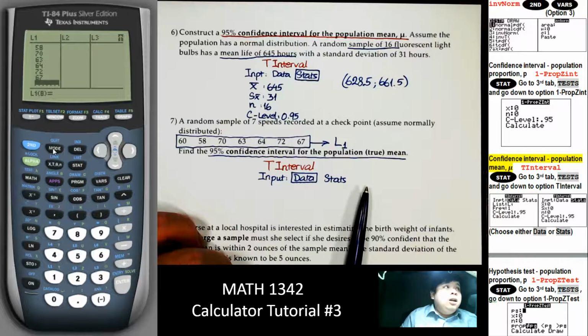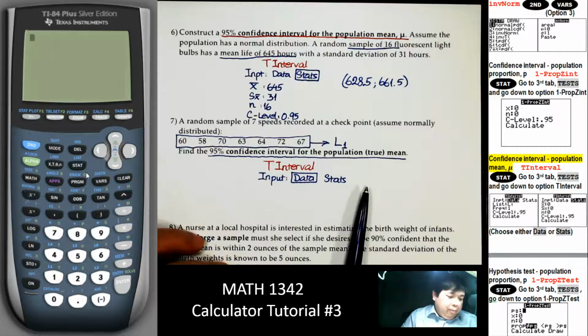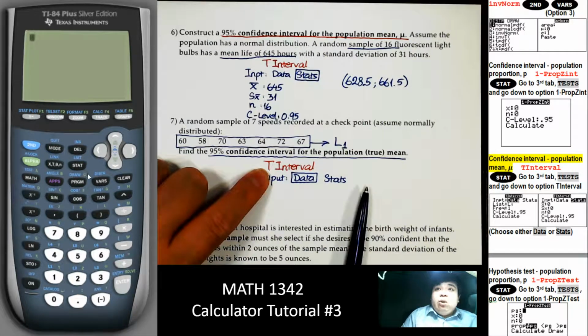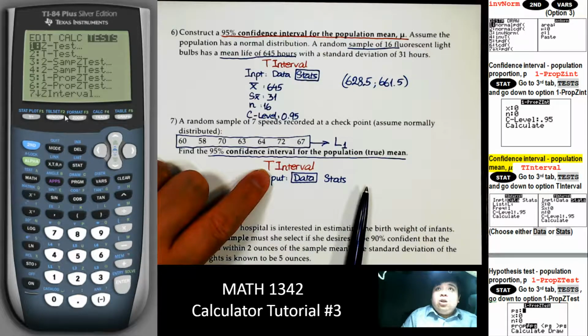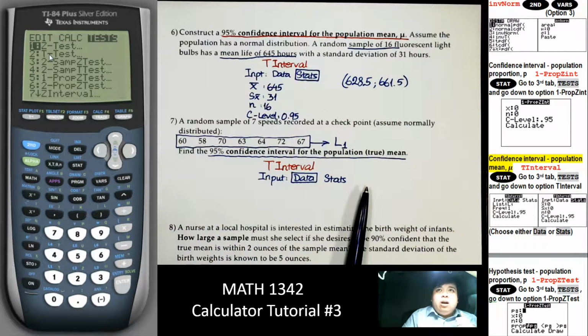So second mode to go back to the home screen. Right, now we do the t interval again. So all the tests are under stat and test. So pretty much everything that has to do with confidence interval and hypothesis test will be in here.